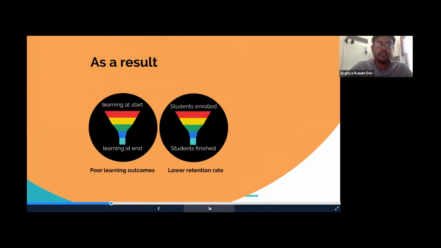As a result, whatever the mode of education, learning is very nice when it comes to the theory part. That learning part is excellent, but in the end, when practical learning comes into the picture, it is very poor.